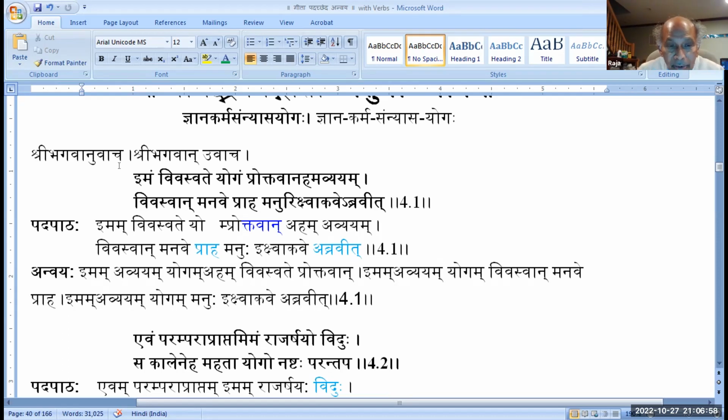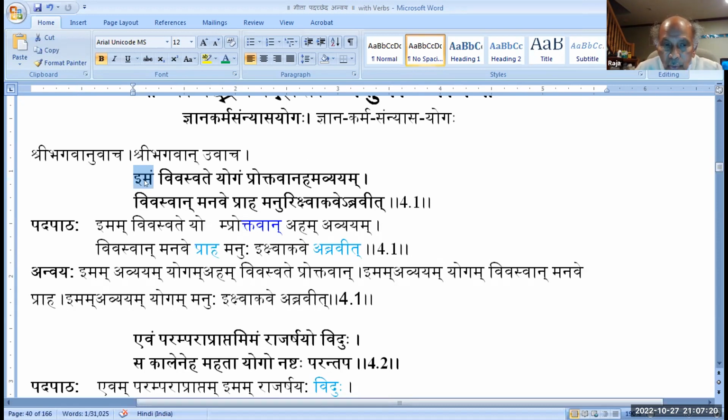So this imam, to understand what the Gita is talking about, you have to go to the 2nd chapter and 3rd chapter and see what was told. Ramanuja Bhashya explains that imam means purvam vaktaha, told before.